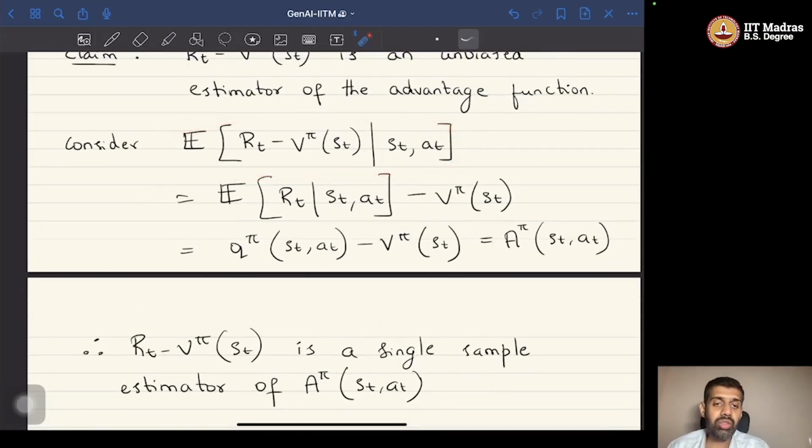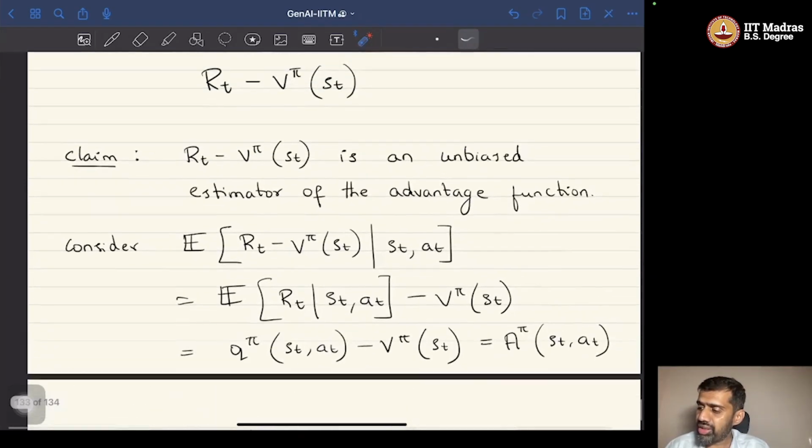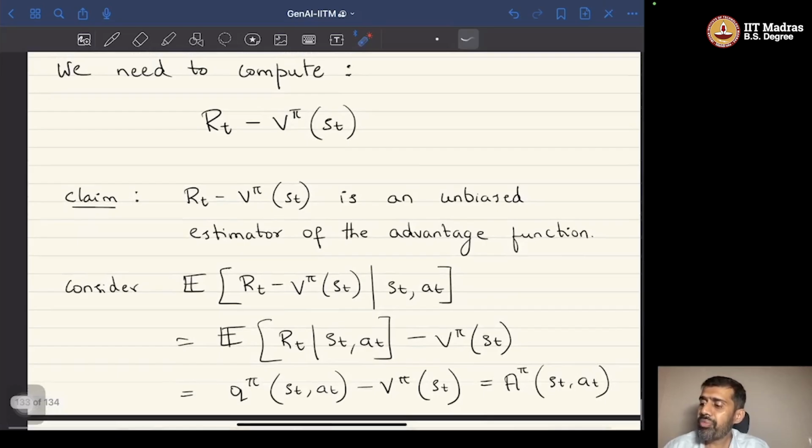So if we just take one sample from the underlying distribution, then you can take that as a single sample estimate of the expectation. Now this becomes a single sample estimator for the advantage function, right? Therefore the claim that we just said is proved, that the difference between the go to reward and the value function is a single sample unbiased estimator of the advantage function because of these three simple steps that we just showed.